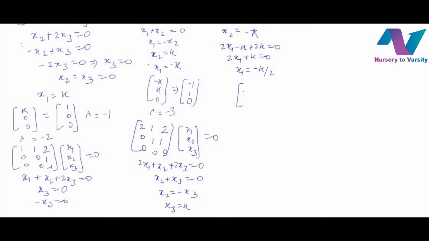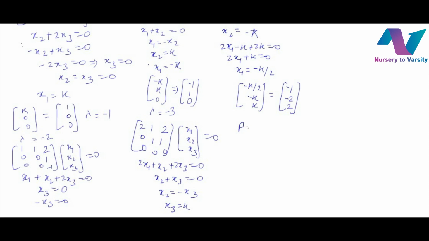So the eigenvector corresponding to lambda is equal to minus 3 is minus k by 2, minus k, and k. If we take k as 2, then it becomes minus 1, minus 2, and 2. This is the eigenvector corresponding to lambda is equal to minus 3.